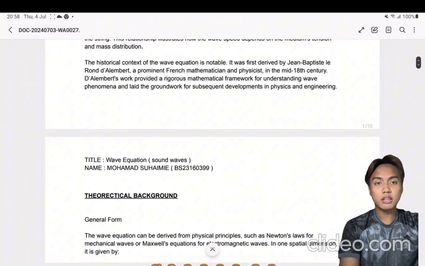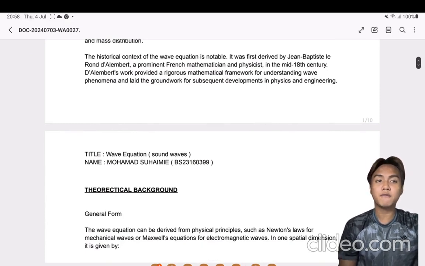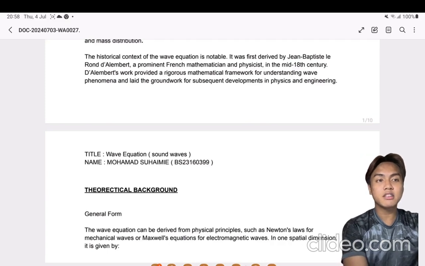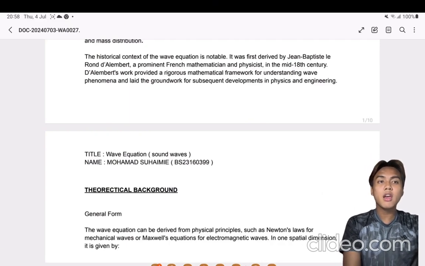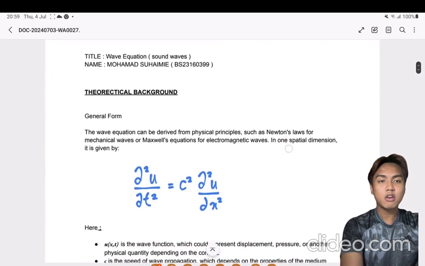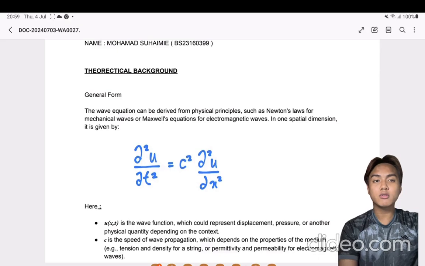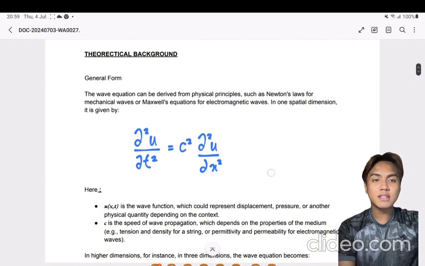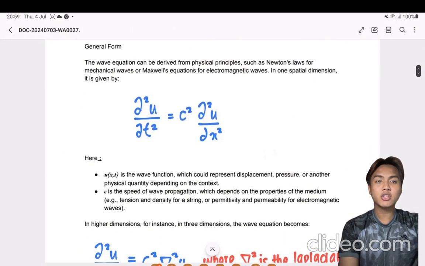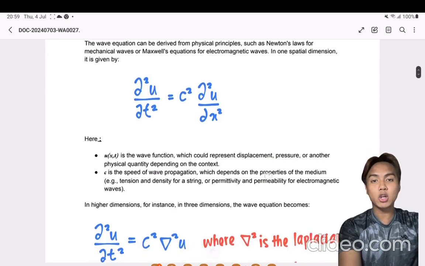So for the theoretical background, the general form is where the wave equation can be derived from physical principles such as Newton's law for mechanical waves or Maxwell's equations for electromagnetic waves in one spatial dimension, which is given as d squared u over dt squared equals c squared d squared u over dx squared, where u(x,t) is the wave function which could represent displacement, pressure, or another physical quantity depending on the context.